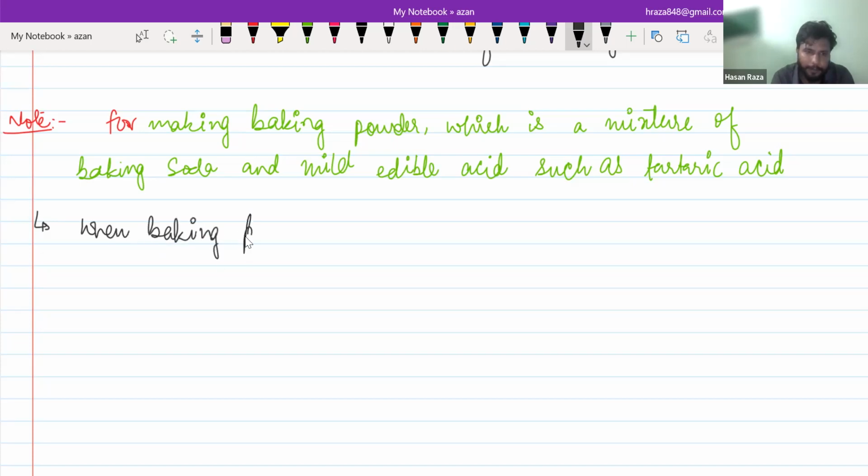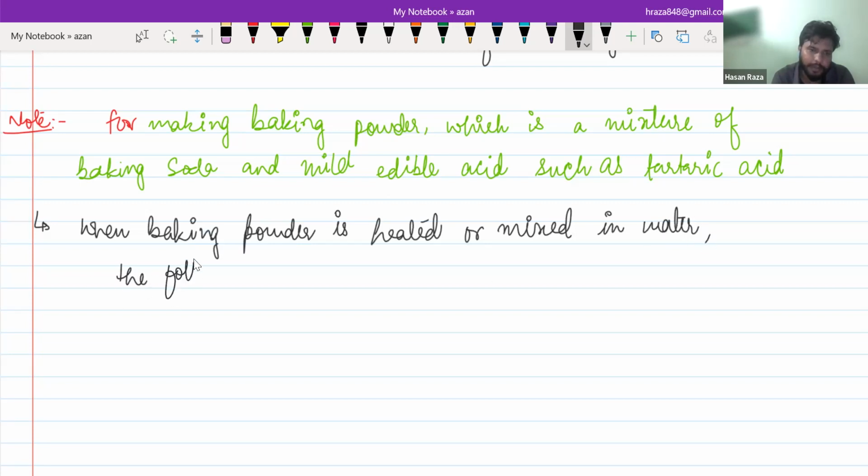When baking powder is heated or mixed in water, the following reaction takes place.